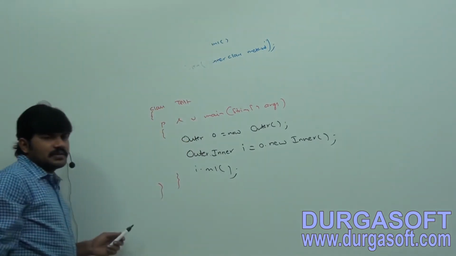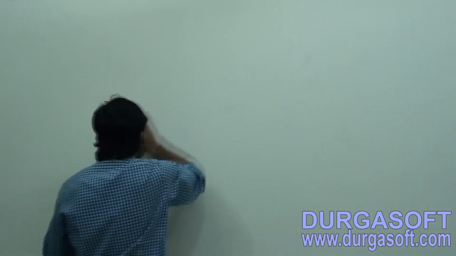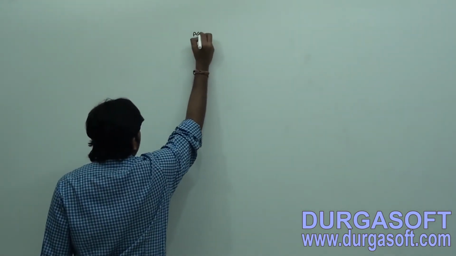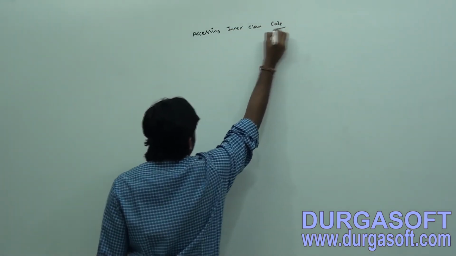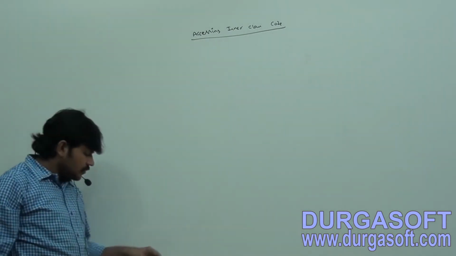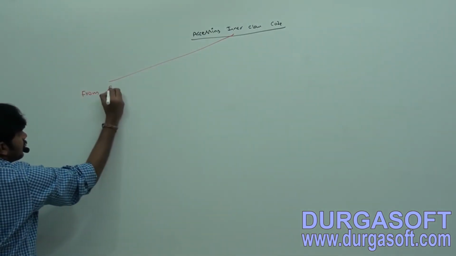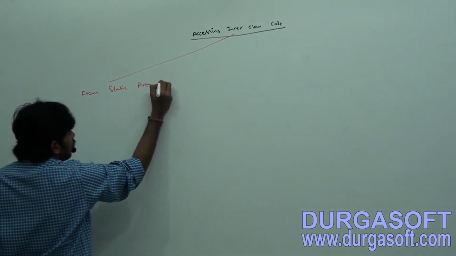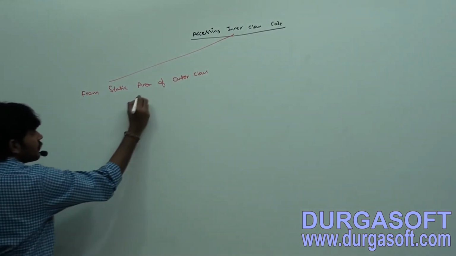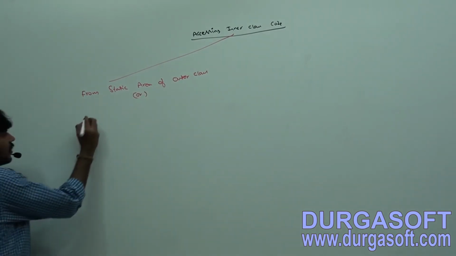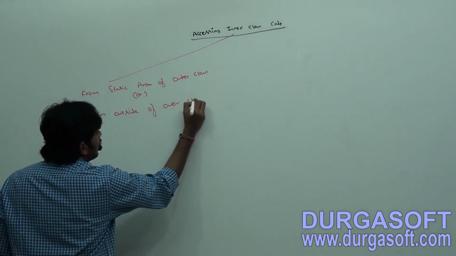Okay, now let me summarize the 3 cases we covered. Accessing inner class code: the first one is from the static area of the outer class or from outside of the outer class.